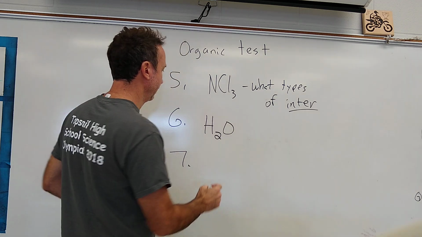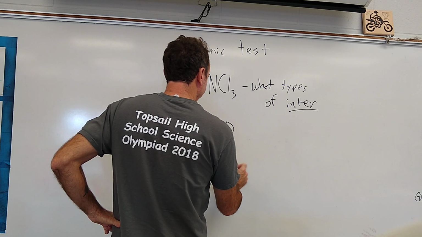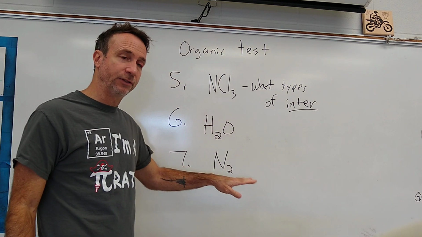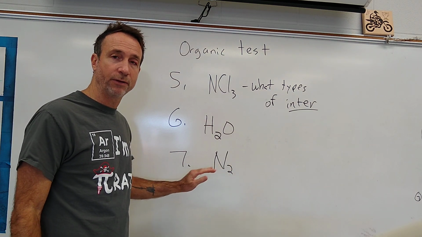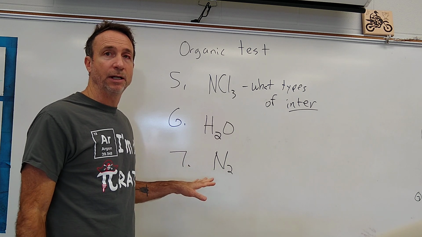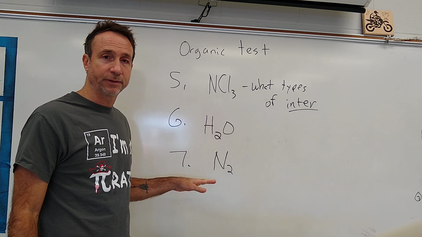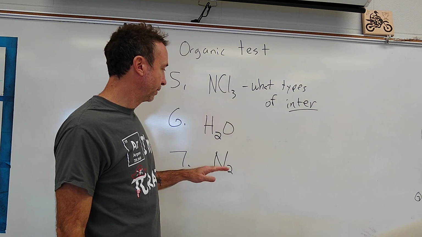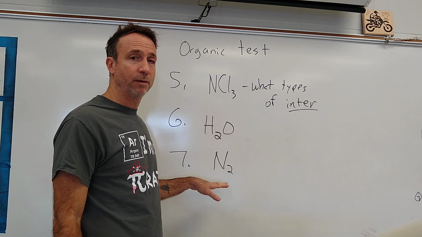is N2, nitrogen gas. I need you to draw this. I need you to label the shape. I need you to label all the interior bonds and show the valence, unbound valence electrons. I need you to say if it is polar or non-polar.